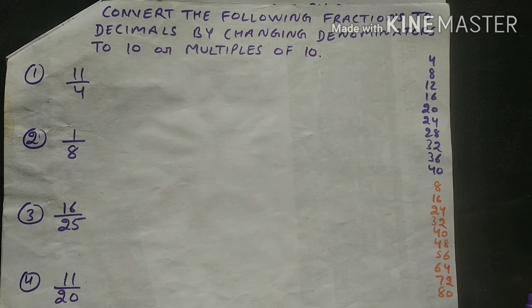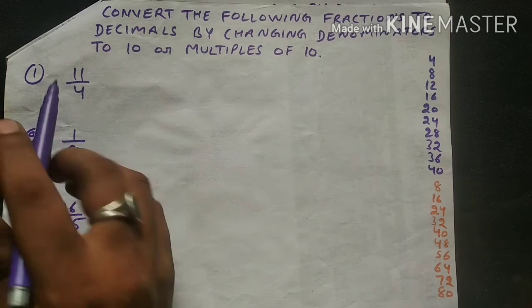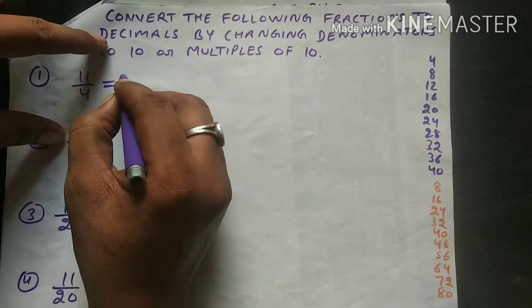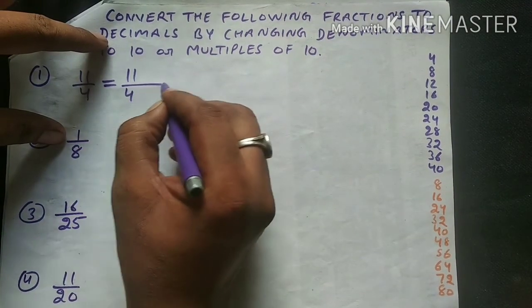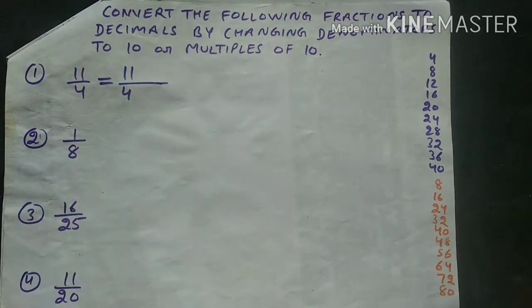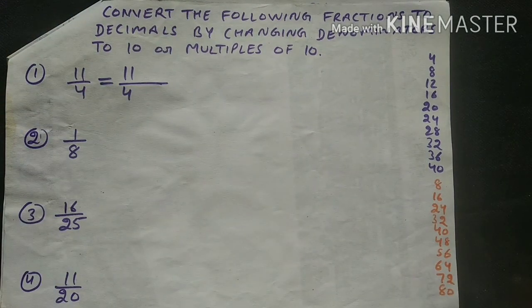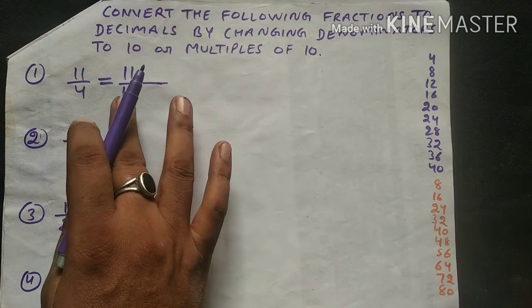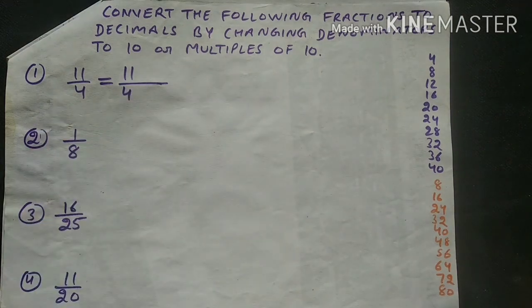As per the earlier question in the first footage, we have to make this 11 by 4 into an equivalent fraction so that the denominator becomes 10, 100, 1000, 10,000 or 1 lakh types of number. Here we have to multiply 4 with something so that the denominator becomes this type of number.